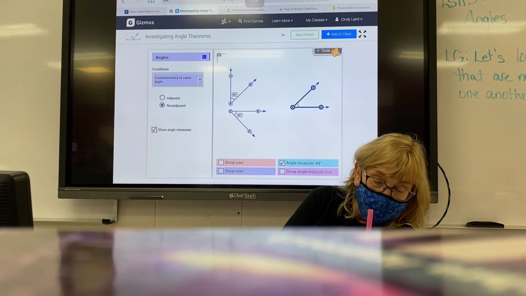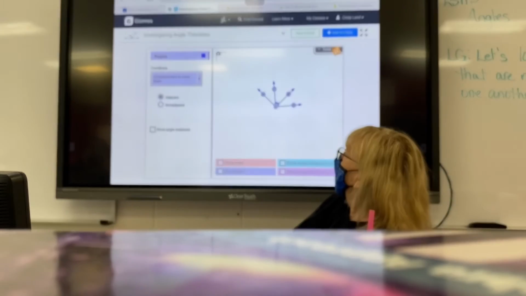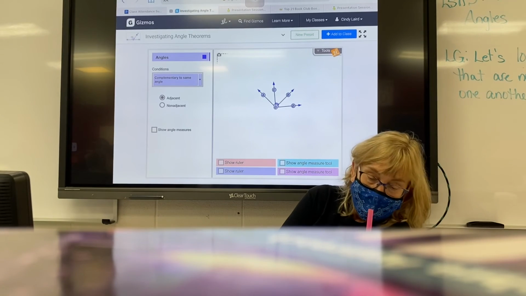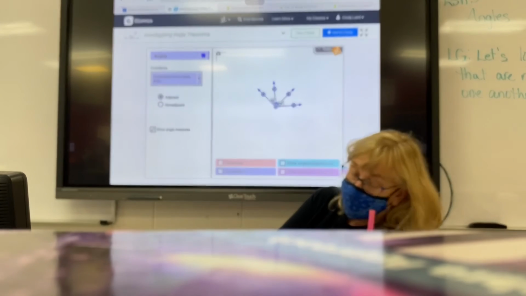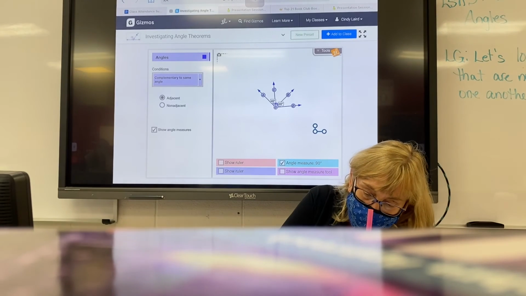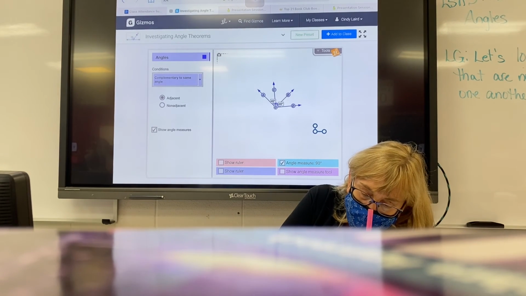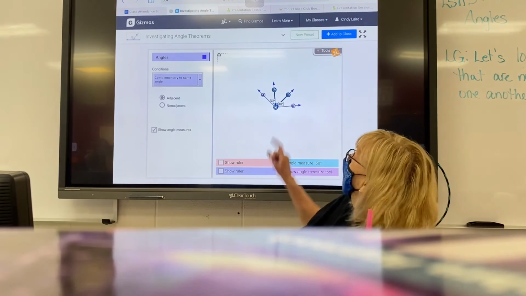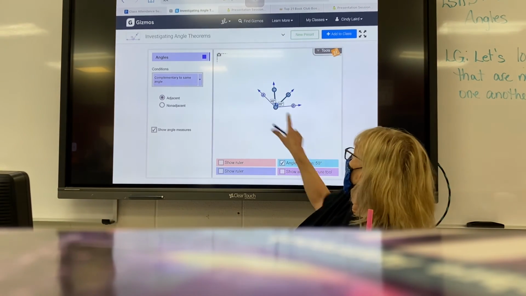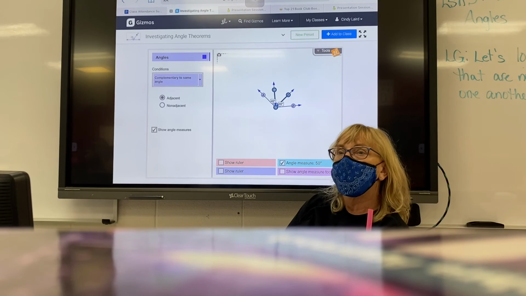Okay, do they have to be next to each other? No. If I wanted to do adjacent angles, I could do this. So I can play with, there's my two 40-degree angles, and then if I want to measure this other one, come in here, put these on top of that, and that angle right there is 50 degrees.